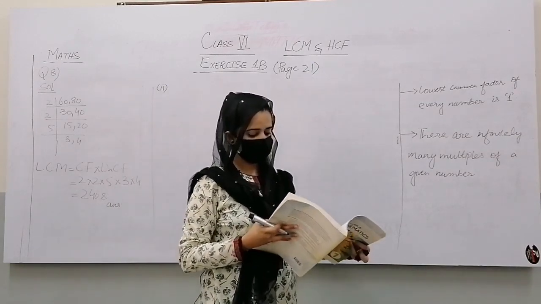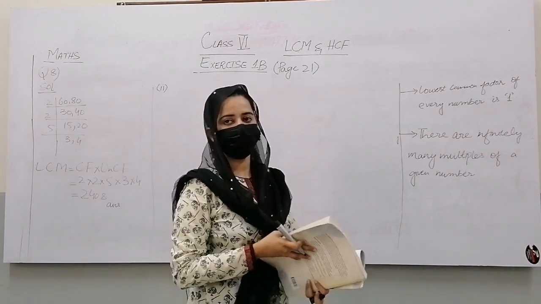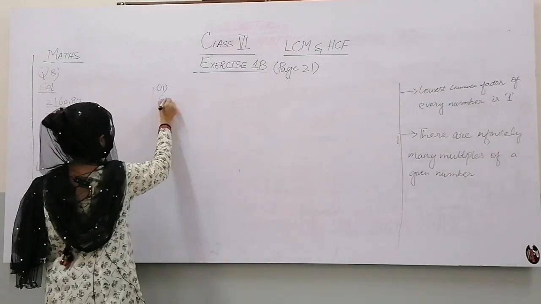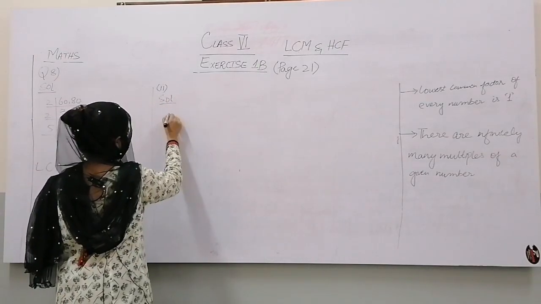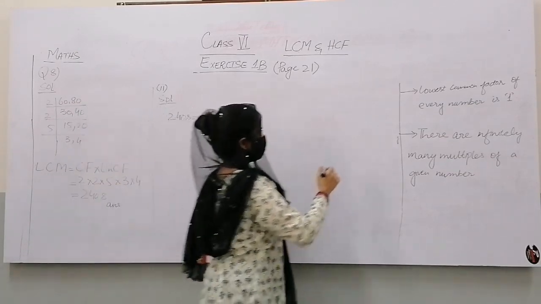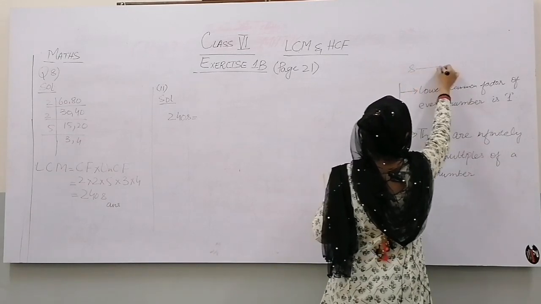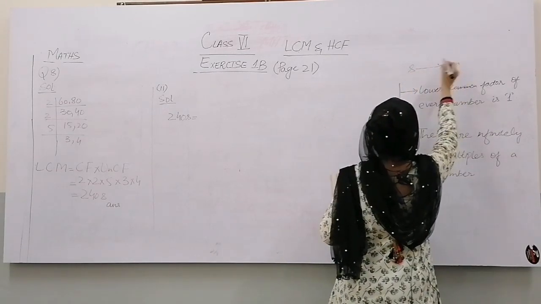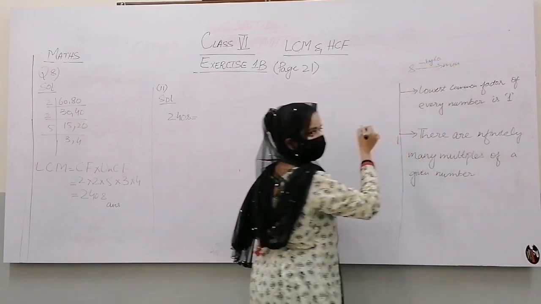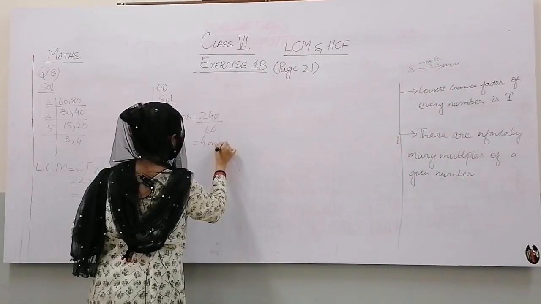As the statement says, how long in minutes? We have to convert this time in minutes. 240 seconds. Whenever we are going from seconds to minutes, we divide by 60. 4 minutes.